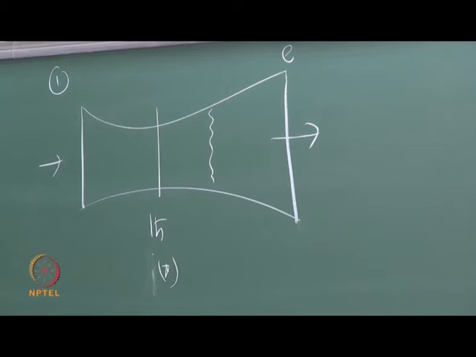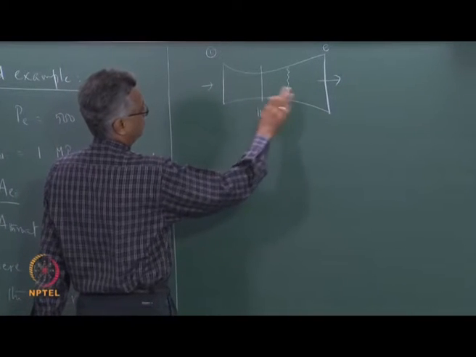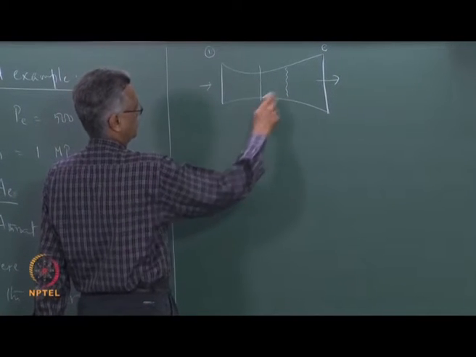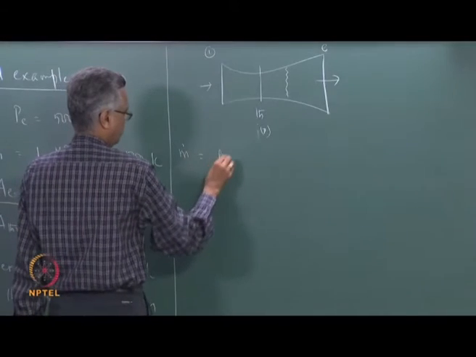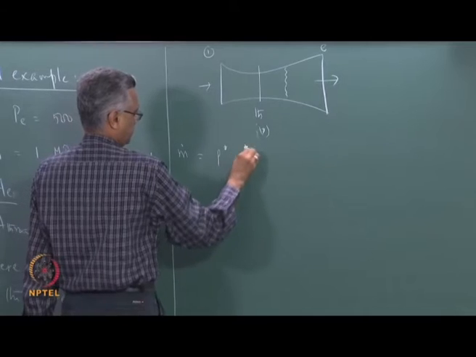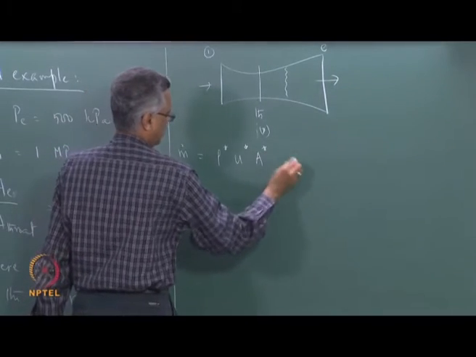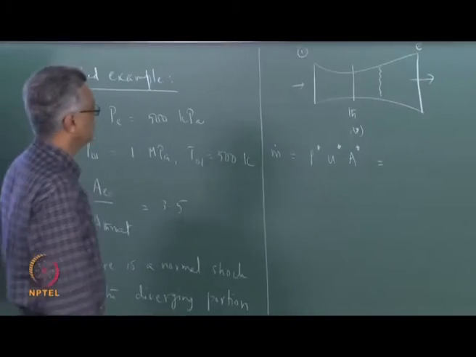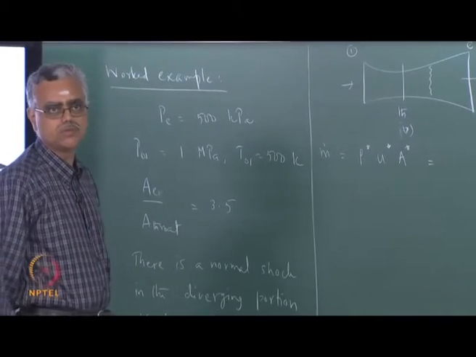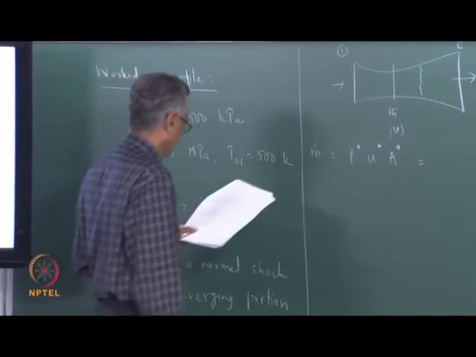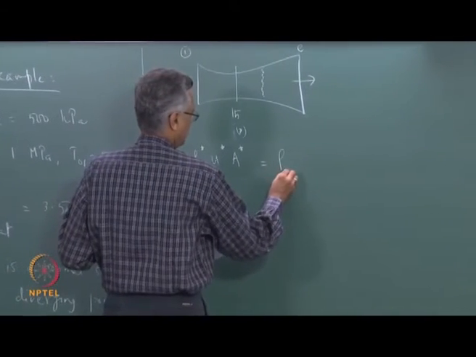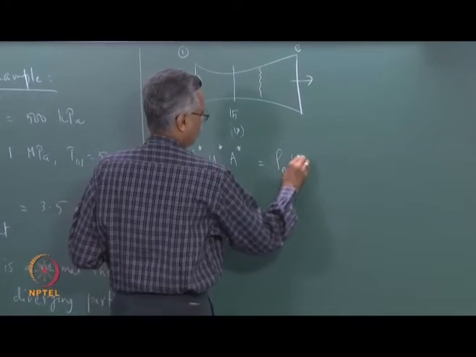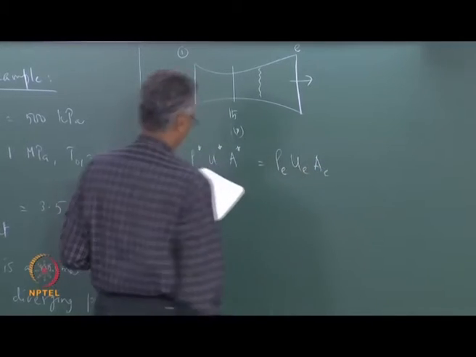Now if I write an expression for mass flow rate through two sections, let us say the throat section and the exit section, I can write m dot is equal to rho star u star A star, or A throat. Remember, M is equal to 1 here, so A throat is equal to A star, and this can be written as rho exit, u exit, and A exit.